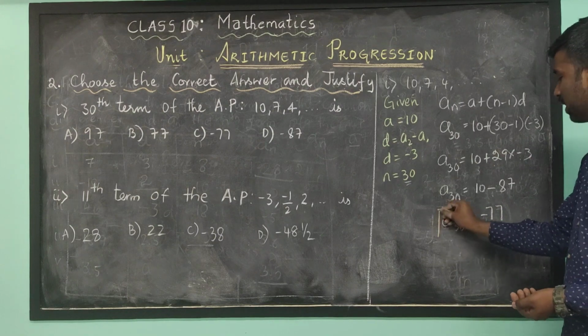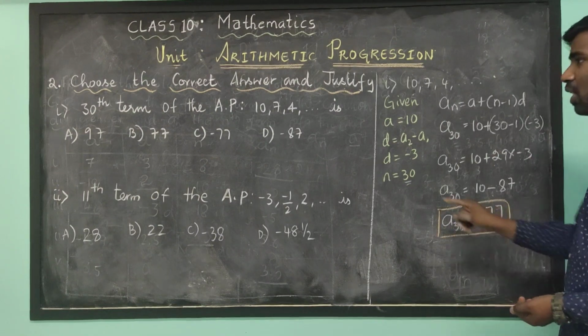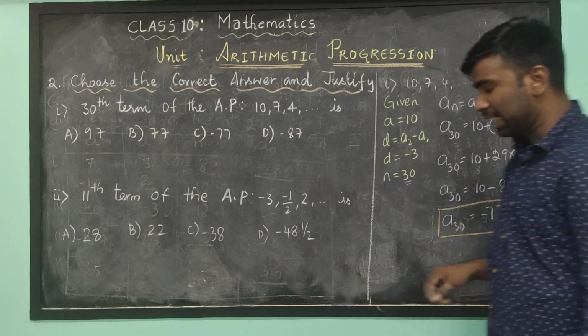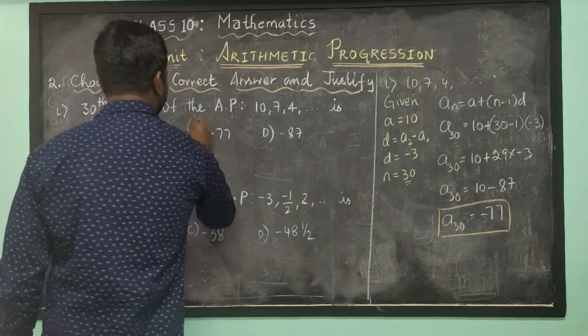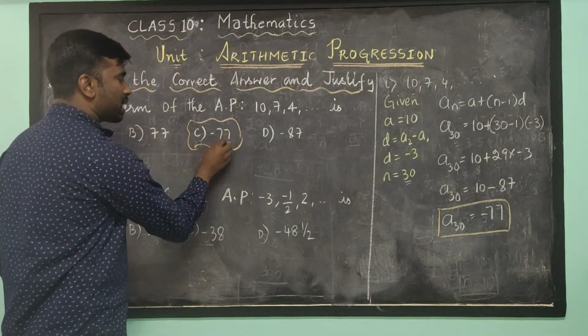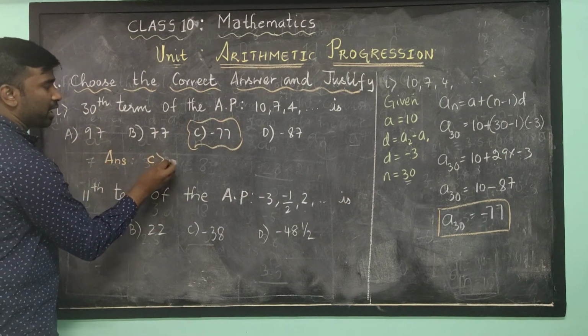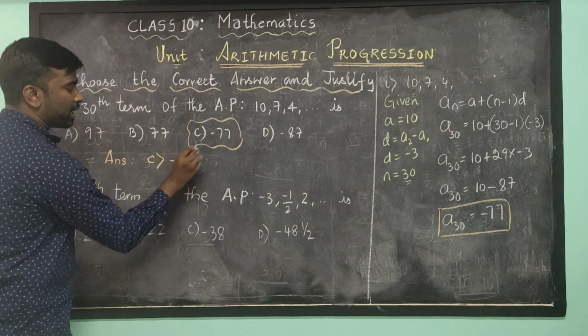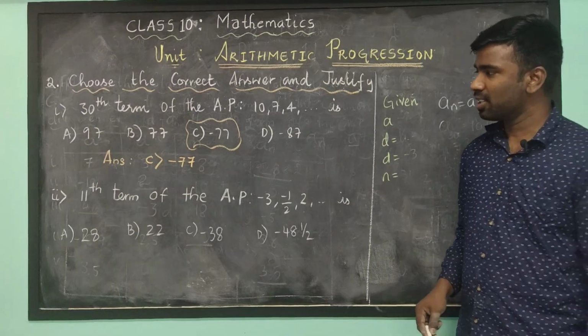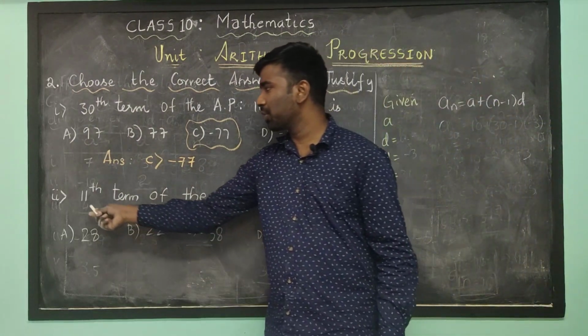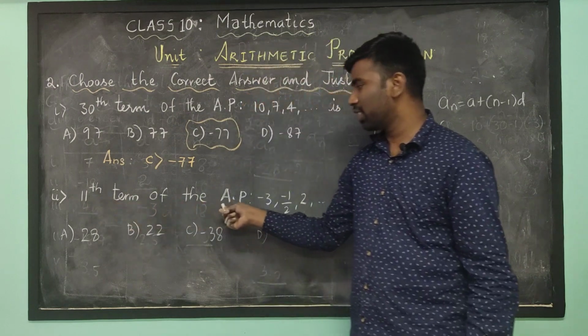Therefore, the 30th term is minus 77. What is the correct option there? It is option C. Answer option C, minus 77.